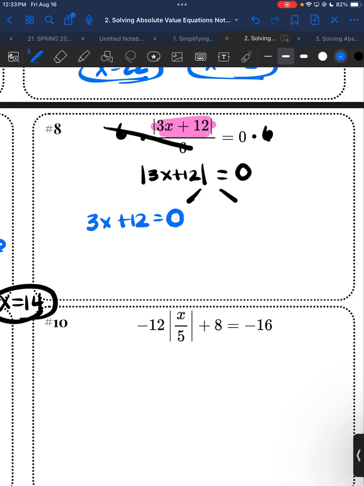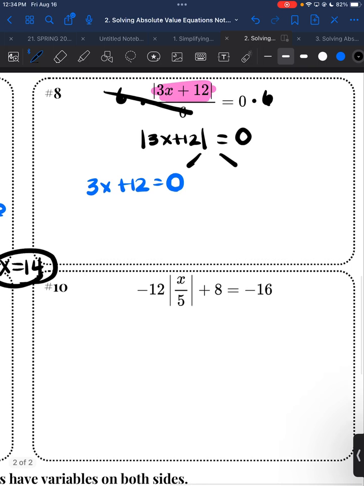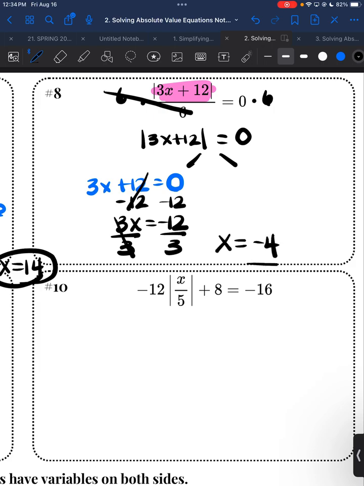But on the right, I'm not going to put 3x plus 12 equals negative 0. There's no such thing as negative 0. So then that just means just solve the left side, and that'll be your only possible answer. So minus 12. We get 3x is equal to negative 12. Divide by 3. Our only answer here is negative 4.